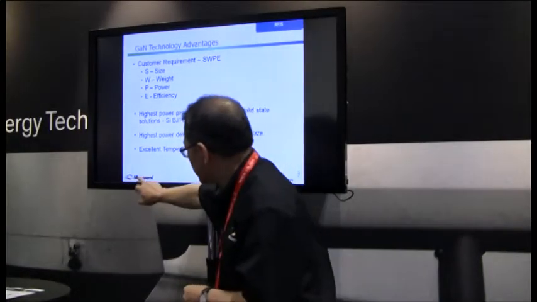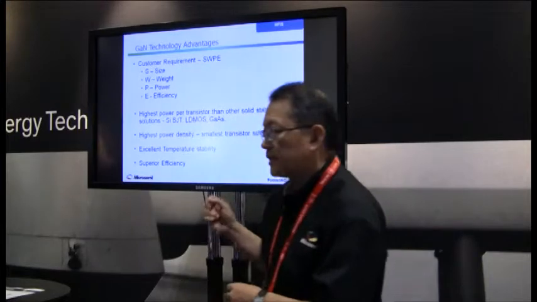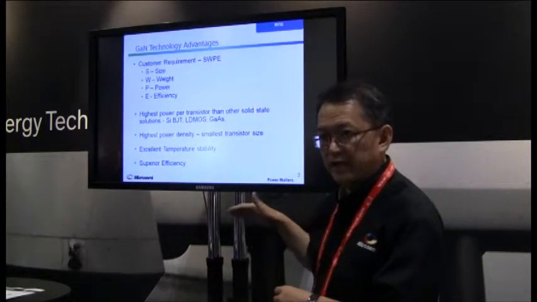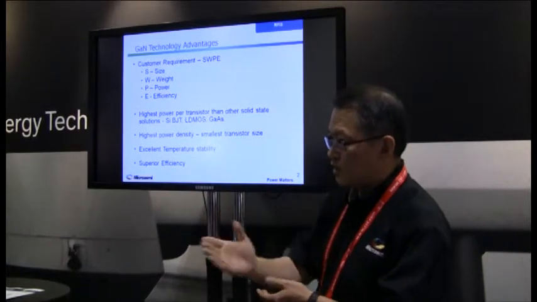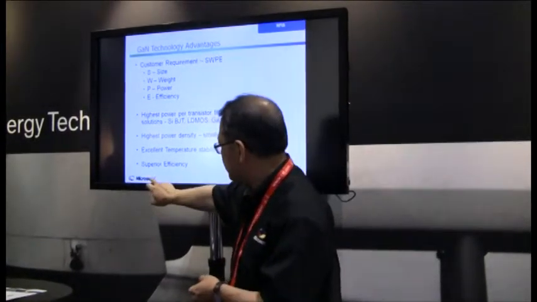And the efficiency factor also comes into play, as you will see in later slides: the GaN transistor has much superior efficiency performance over both the silicon BJT and the LDMOS.